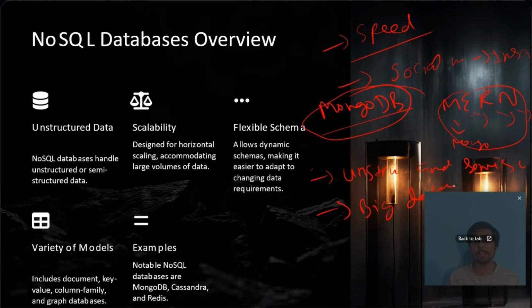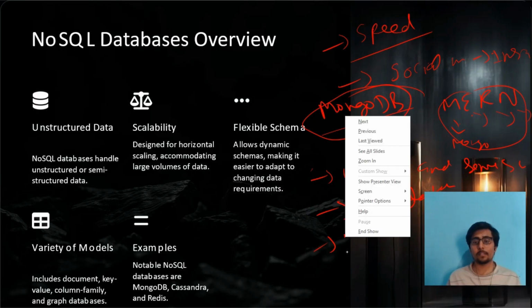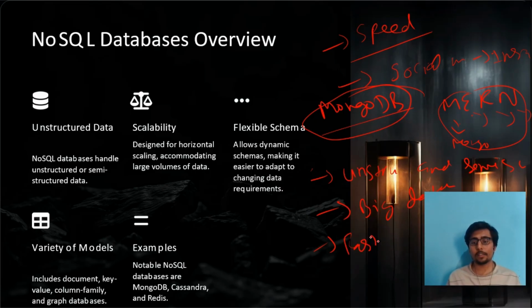It is also faster, and one more thing is schema flexibility. You can change data anytime. Data can change dynamically; it's not going to be static. You can change it dynamically.